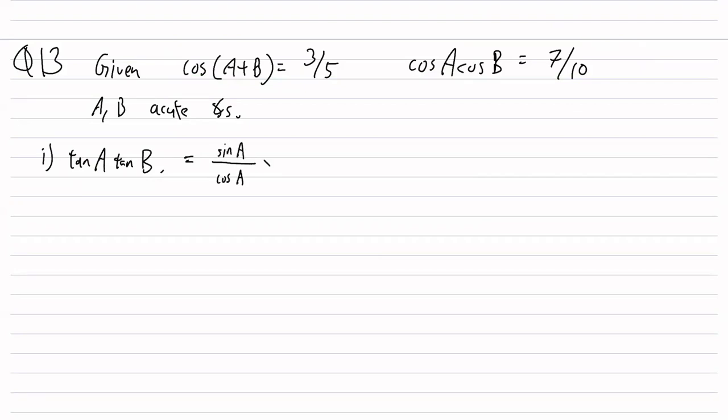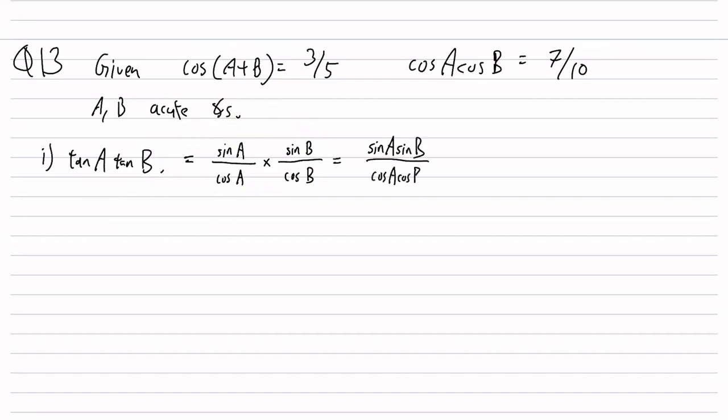Sine A over cosine A. Then the other guy, tangent B is sine B over cosine B. The angle must be the same. B here, B here. A there, A there. Okay, so this simplifies into sine A sine B over cos A cos B.